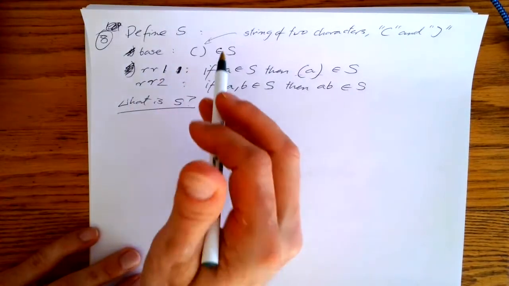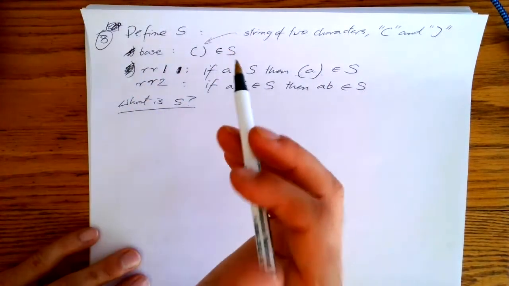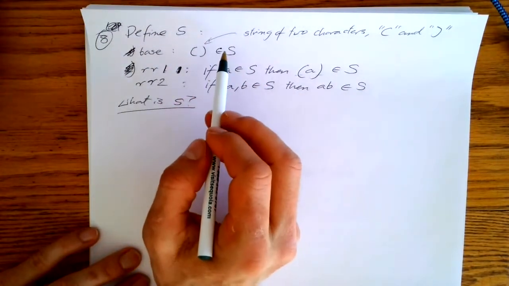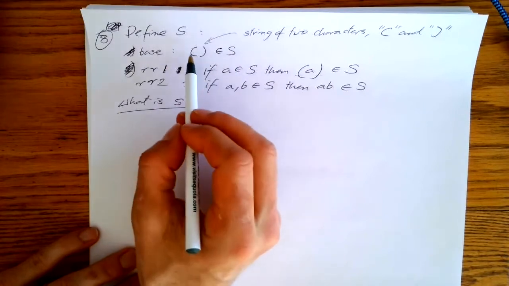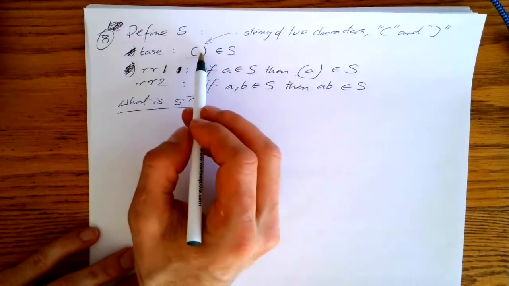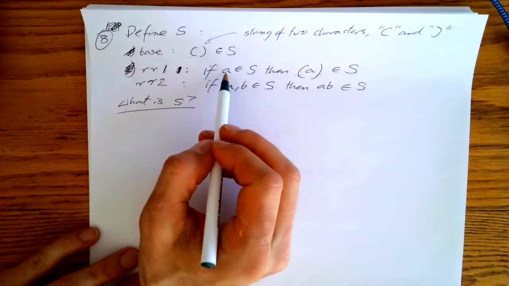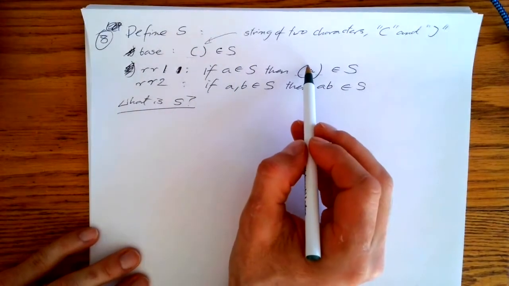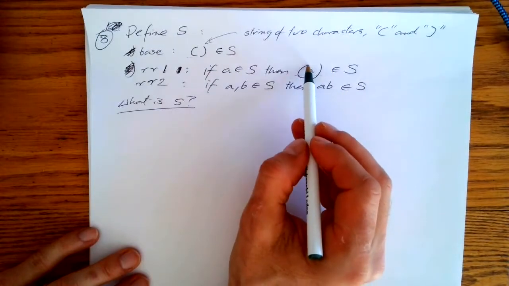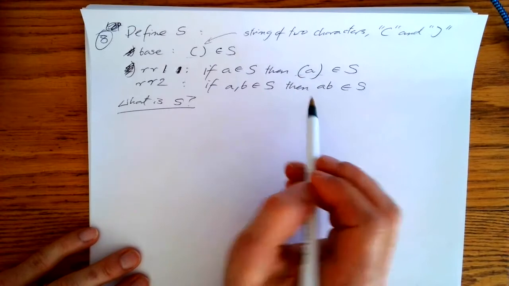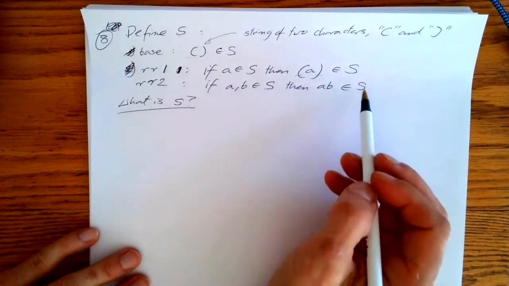I'm just going to define a string as good if the string belongs to set S. So this says that open close bracket is a good string. This says that if some string is good, then if I put it inside of open close bracket, I declare it to be good as well. And 2 good strings can be concatenated.